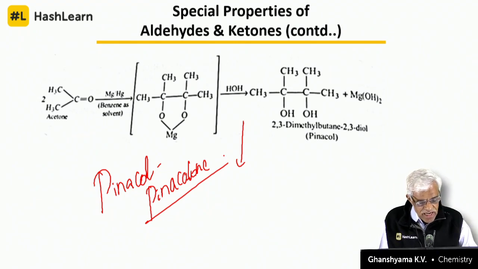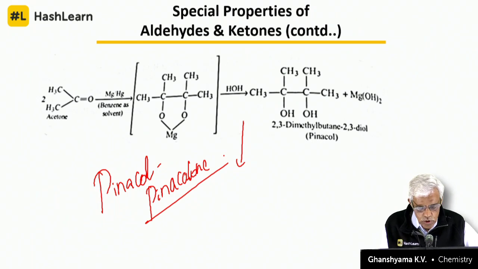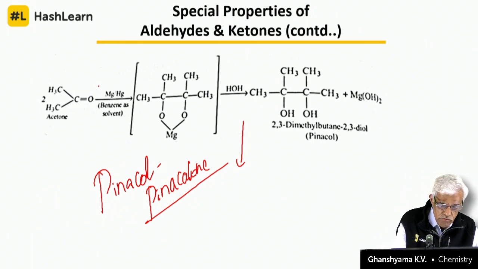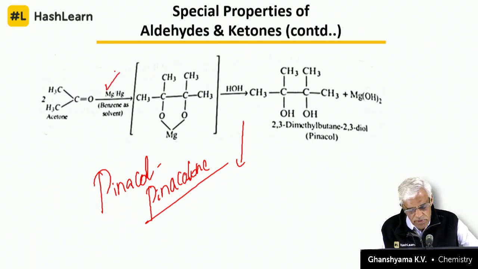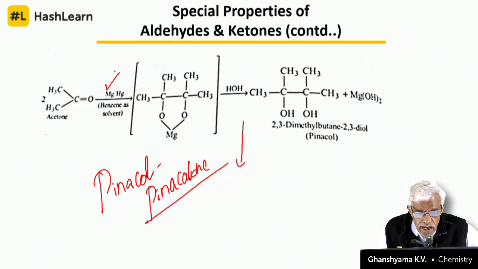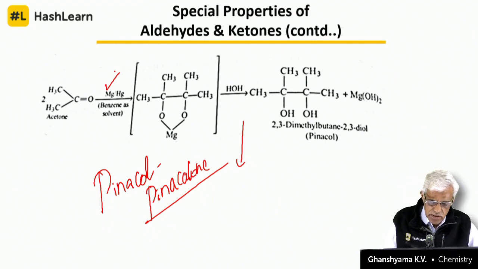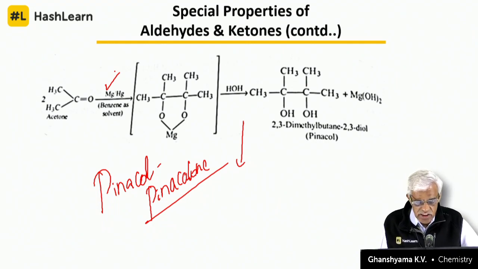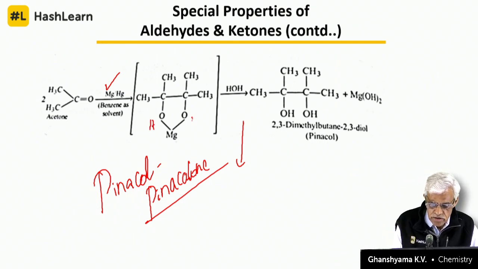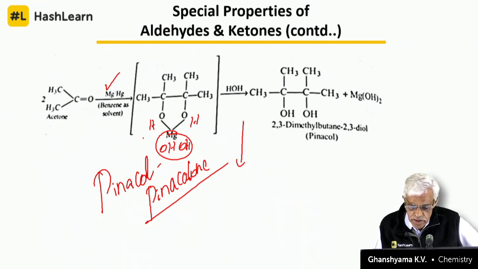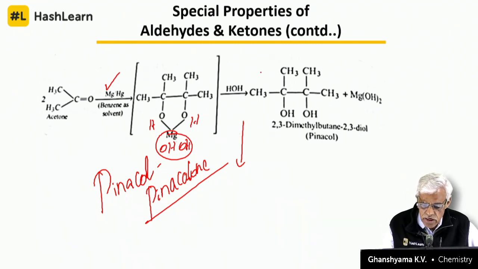Yes, acetone or propanone, two molecules. If you heat it with magnesium or with mercury, same reaction, in benzene as the solvent, it results in the formation of the magnesium compound like this, that undergoes hydrolysis. So, H and H, you will get OH and OH, Mg(OH)2 will come out and you get this diol.